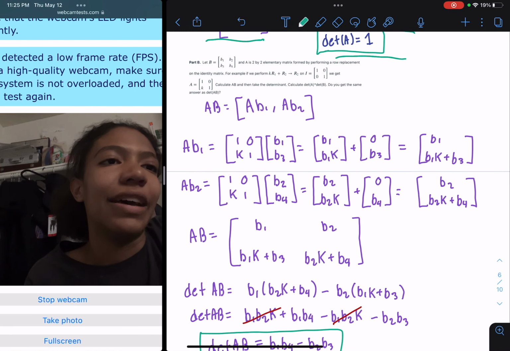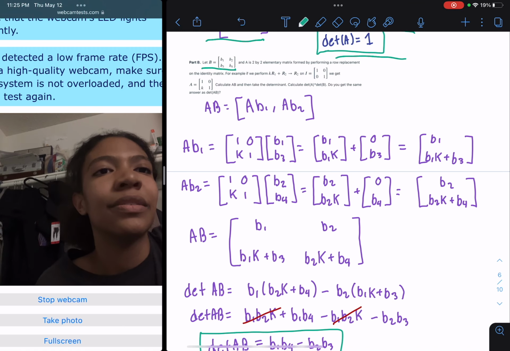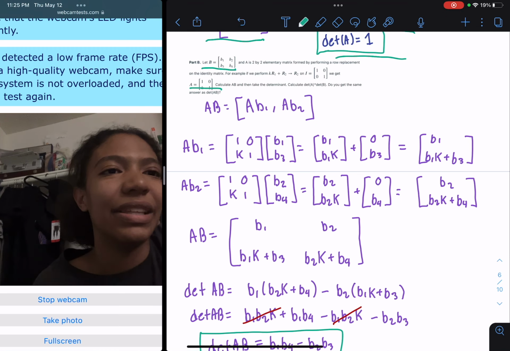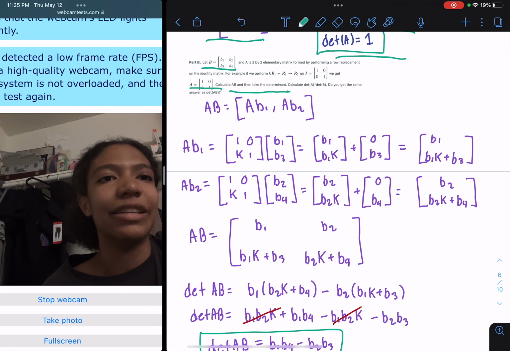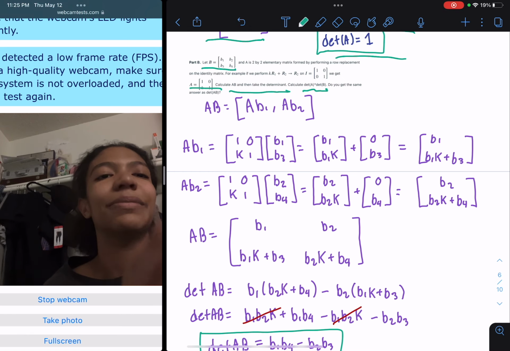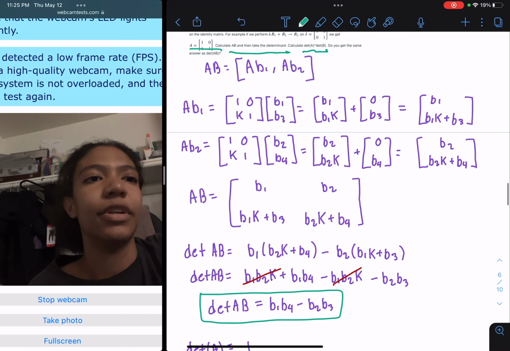Alright, and then you have to do let B equal this, and then A would equal this, and you have to calculate AB and take the determinant, and then you have to calculate the determinant of A times the determinant of B and get the same determinant.